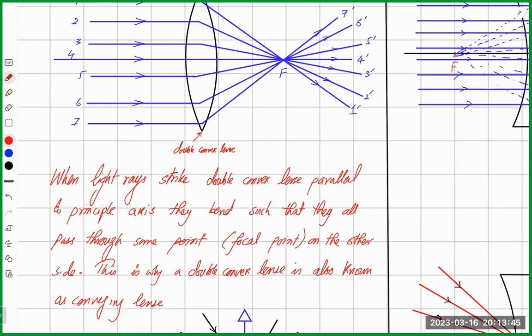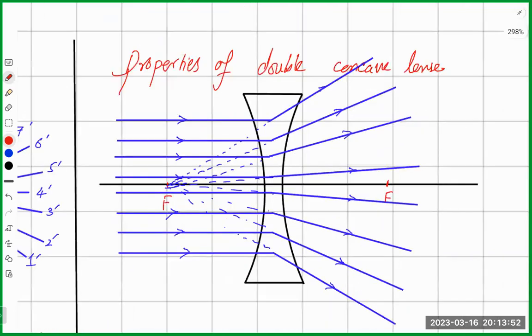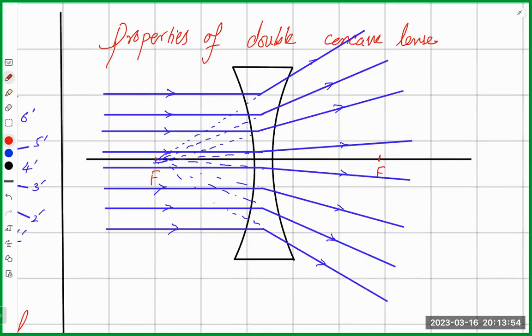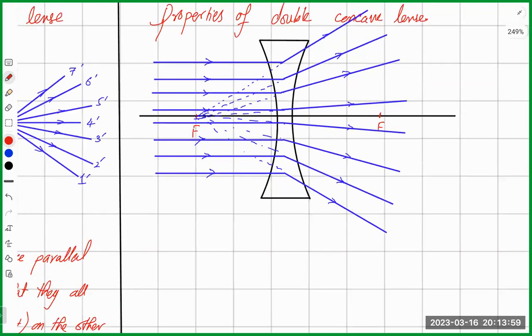Now, when light rays are coming parallel to the principal axis for a double concave lens, the light spreads like this. So here's a note for this one.